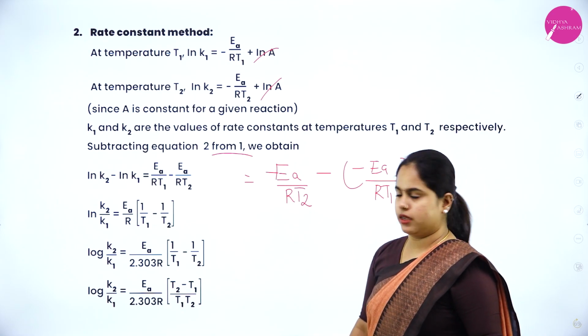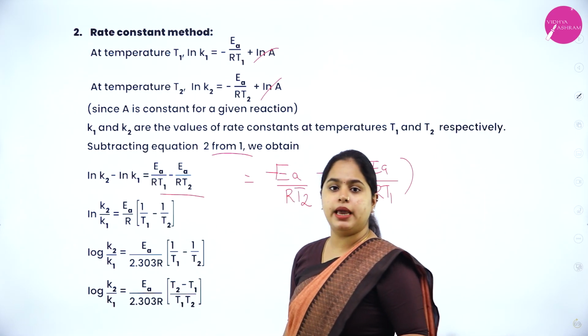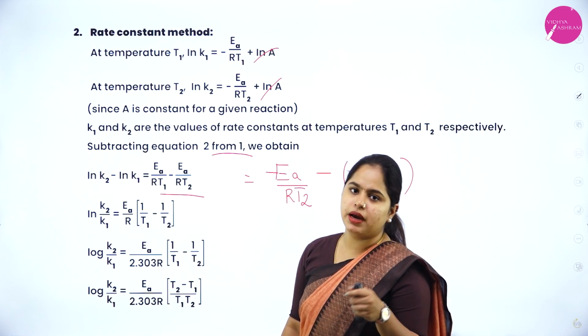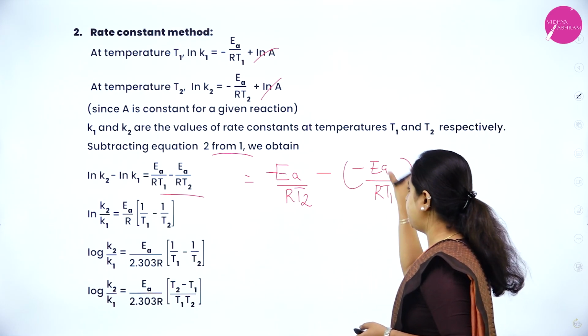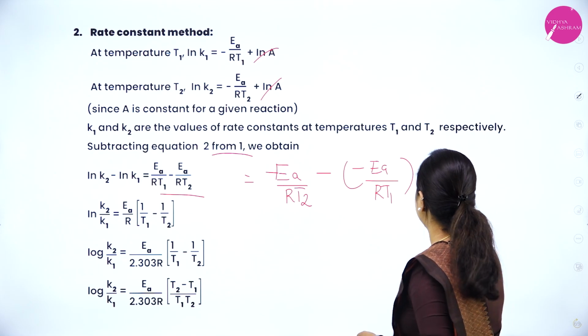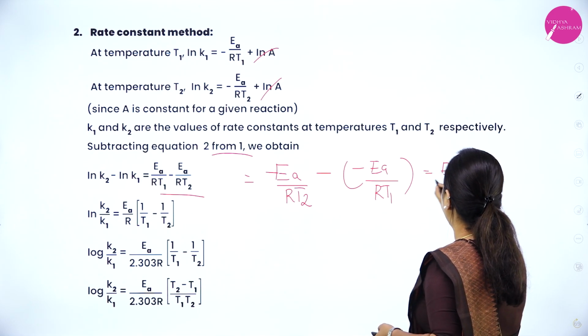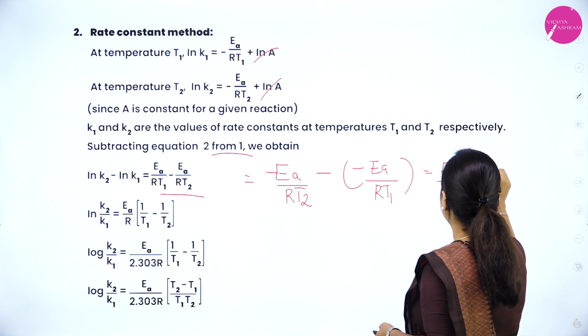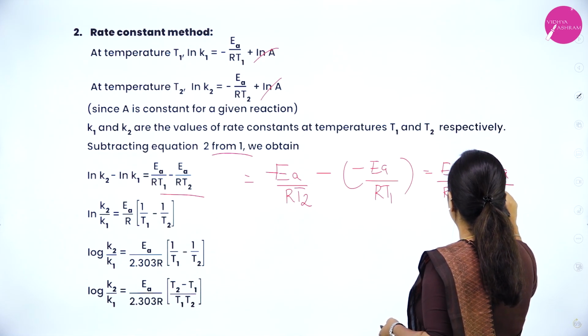So you can write it as Ea by RT1 minus Ea by RT2. So this will be the positive one and this will be the negative one.